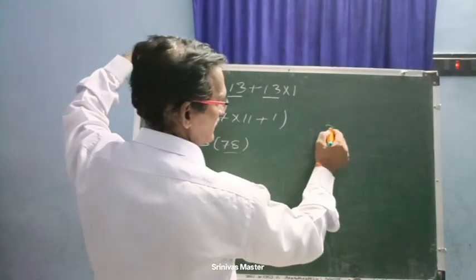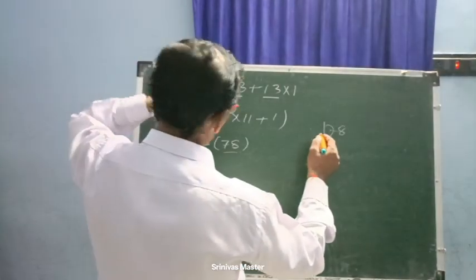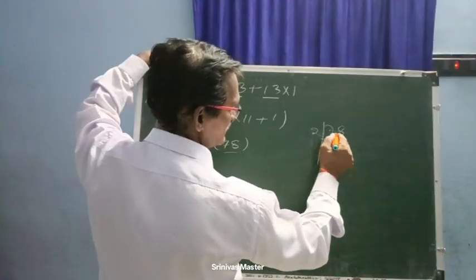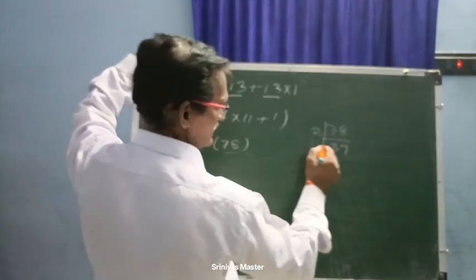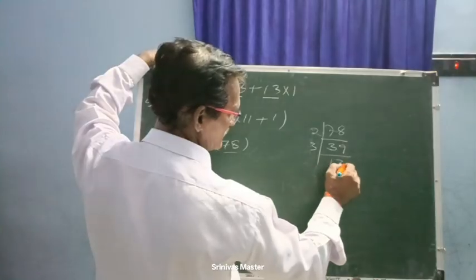Now in the prime factorization, you can identify. Take the 2 table: 3 2s are 6, 9 2s are 18. Again which table will go? 3 table: 13 3s are 39.